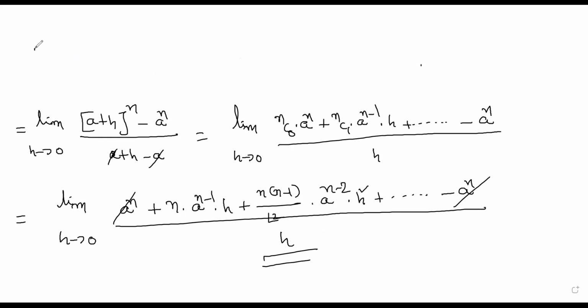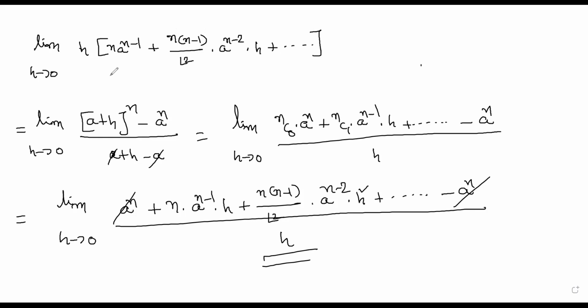You are left with the limit as h tends to 0 of n times a^(n minus 1), plus n(n minus 1) divided by factorial 2 times a^(n minus 2) times h, and so on, many terms will come.